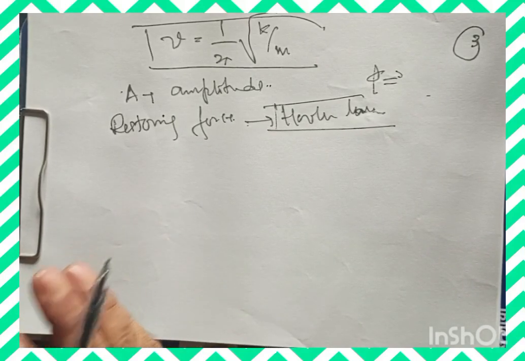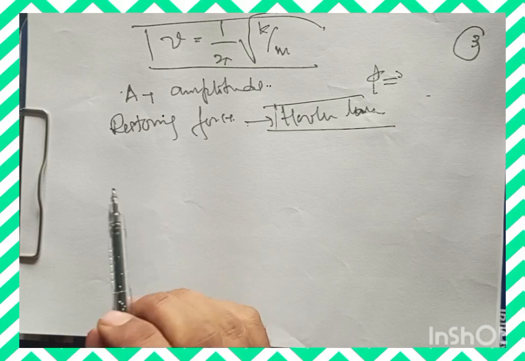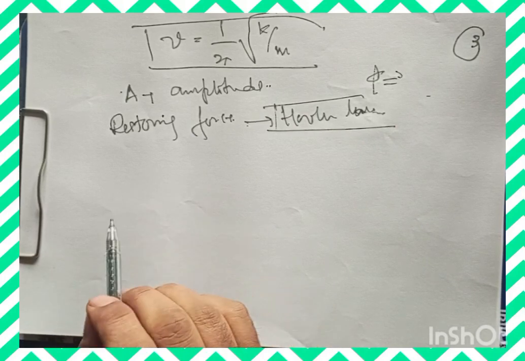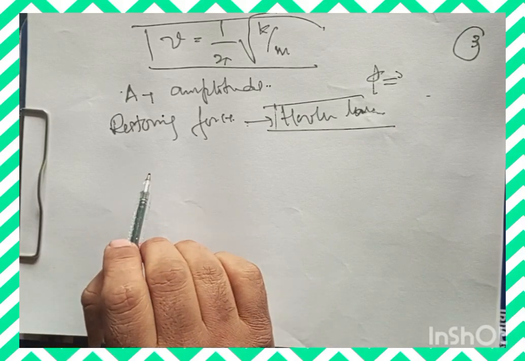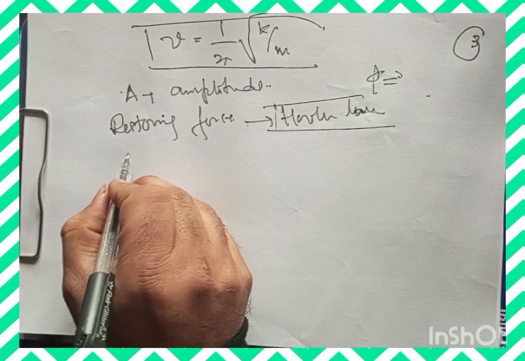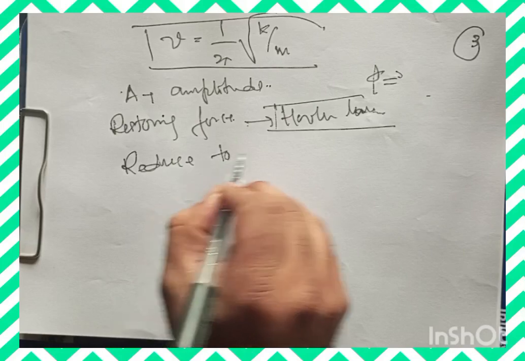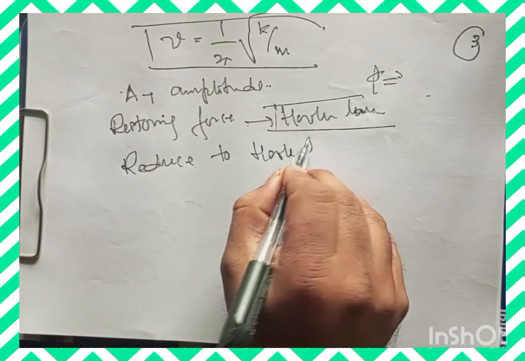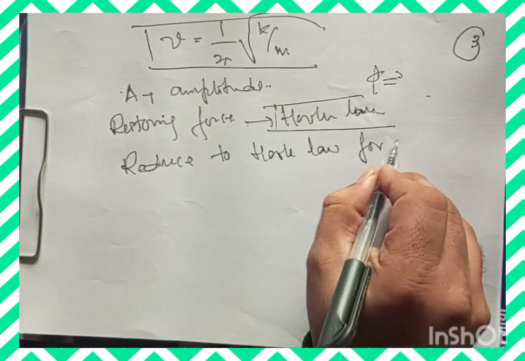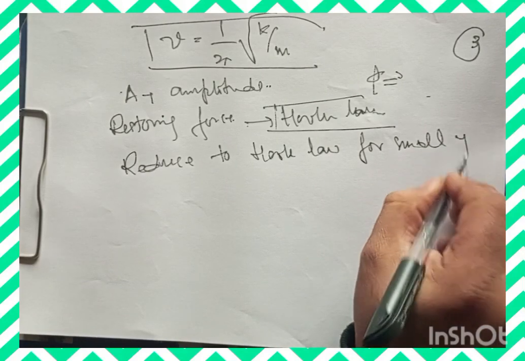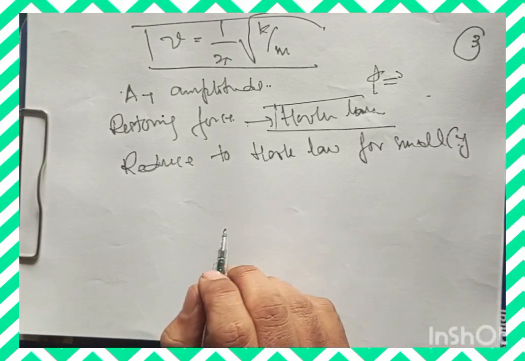And in fact, these restoring forces that are involved in the problems reduce to Hooke's law for only small displacements. They reduce to Hooke's law for small y, for small displacements.